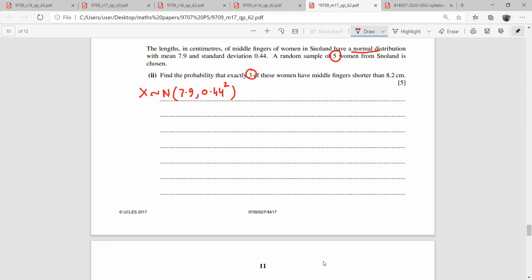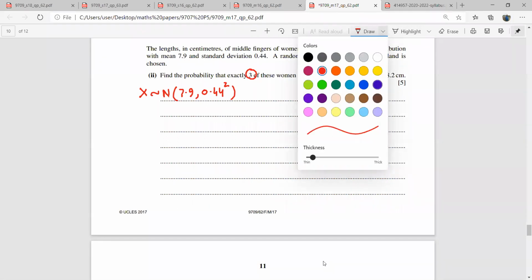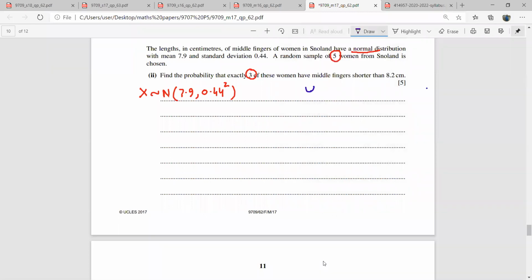This is a typical binomial distribution notation. So let there be a distribution Y. Y is binomially distributed, whose n is 5 and whose p has to be calculated. And what is that p? Let me first write here. We have to find the probability that Y is equal to 3.